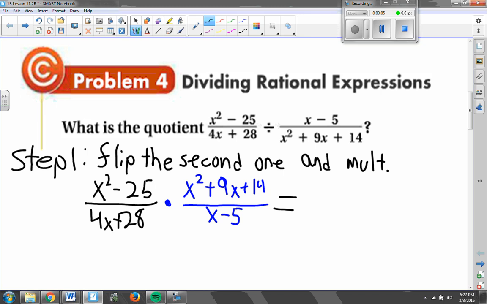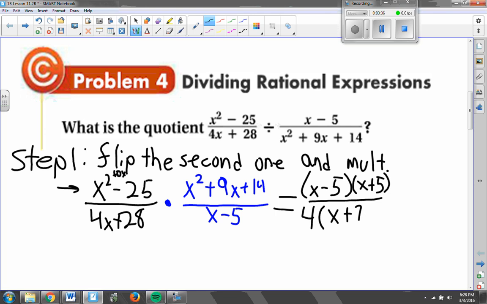Here in the top left corner, x squared minus 25 is like x squared plus 0x minus 25. So I want two numbers that multiply to be negative 25 but add up to be 0. And those are negative 5 and positive 5. And then the bottom of that fraction, 4x plus 28, I can factor out a 4, and I will have x plus 7 left.